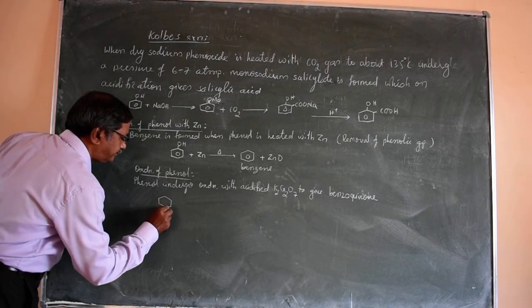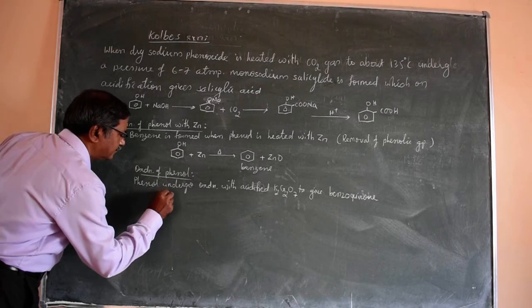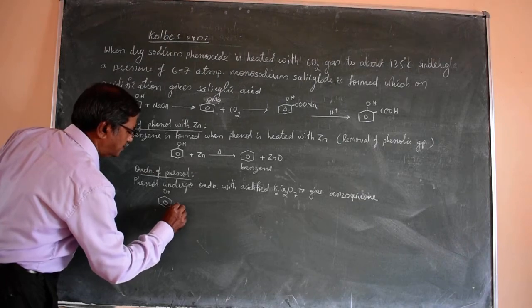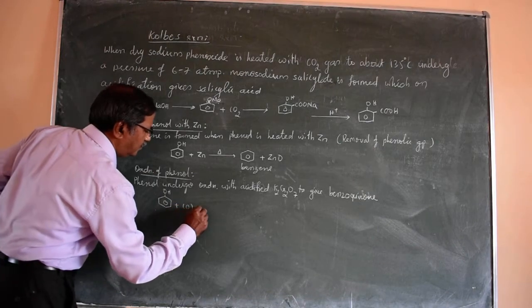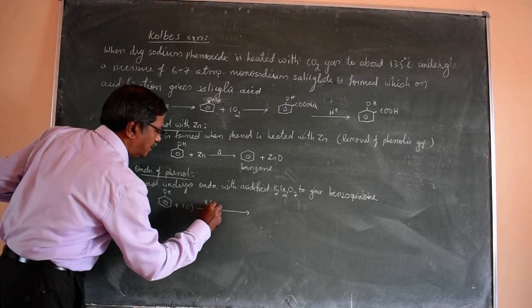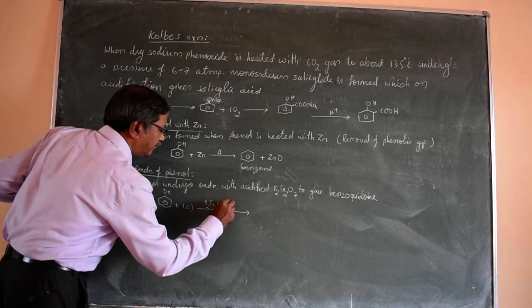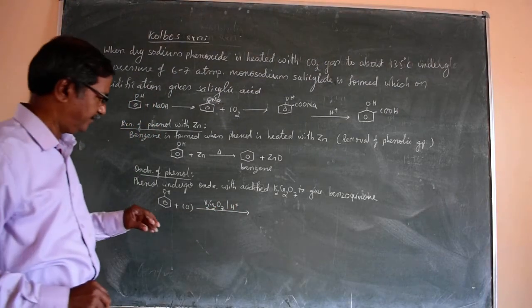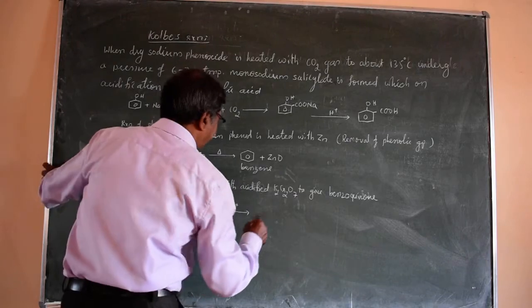Phenol, just by treating with acidified K2Cr2O7, undergoes oxidation. K2Cr2O7 in acid medium, generally you use sulfuric acid as the acidic medium.